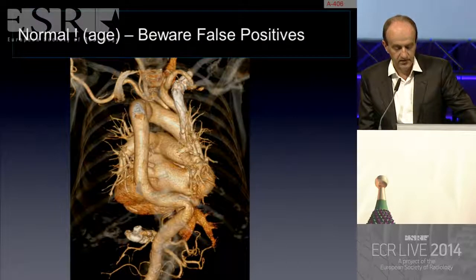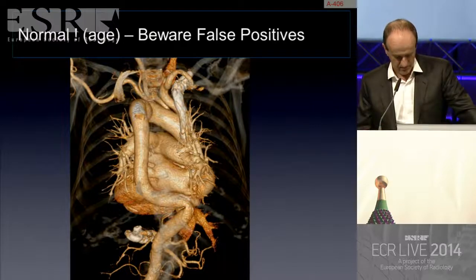It's mimicking a nodule or a mass, but it's not. So beware false positive, and remember, in old patients, aorta can be horizontal.